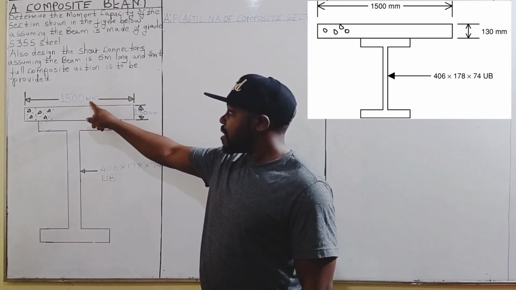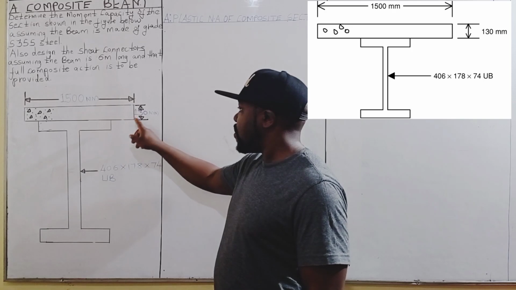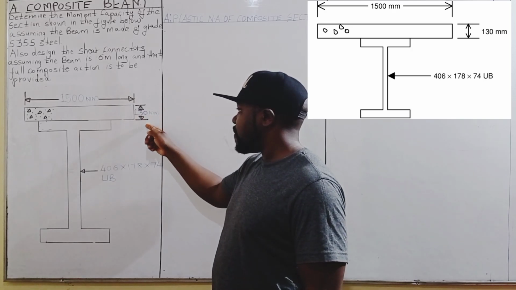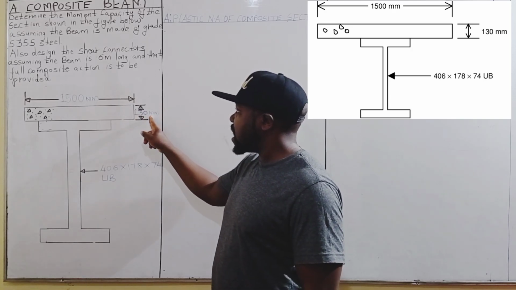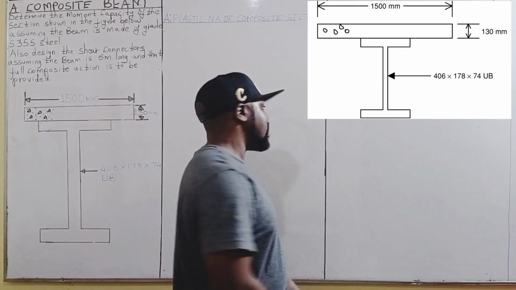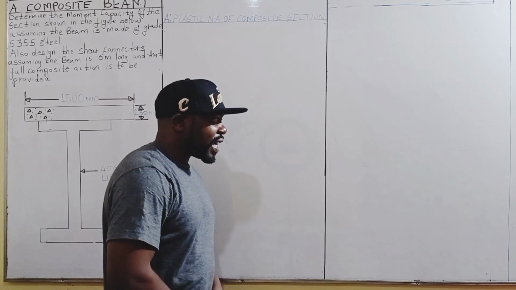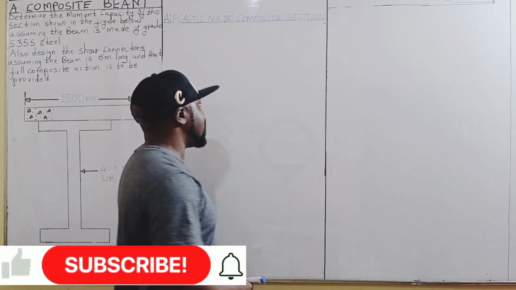The effective breadth of the concrete flange is 1500 millimeters, whereas the depth of the concrete flange is 130 millimeters. We are going to begin by calculating the resistance of the concrete flange.